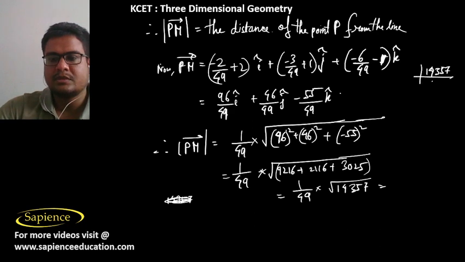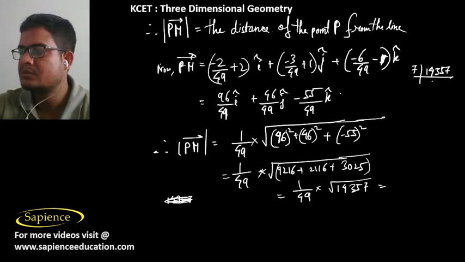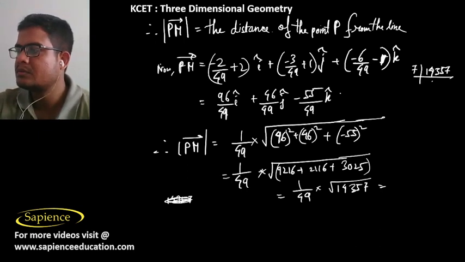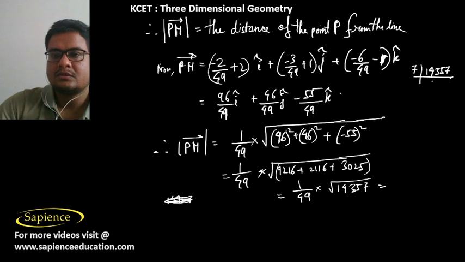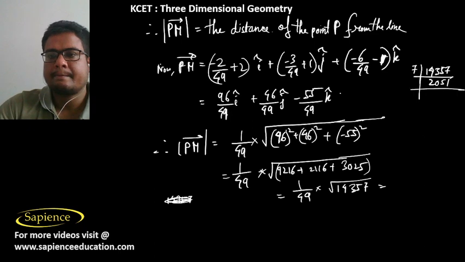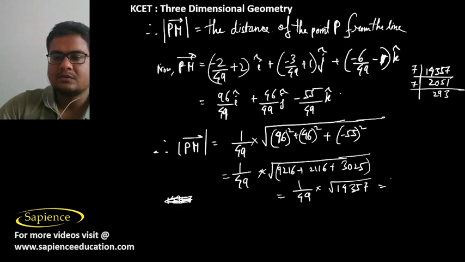This will be divisible by 7. So I can write this as 7 square into 293.